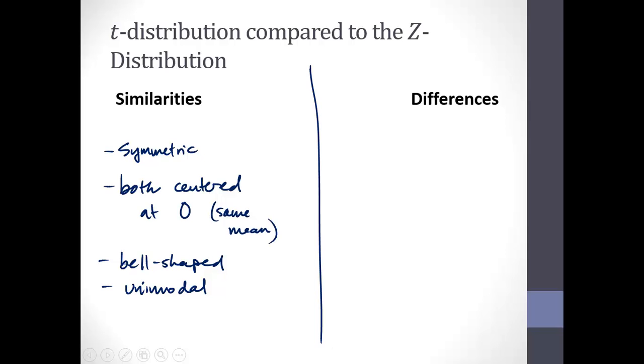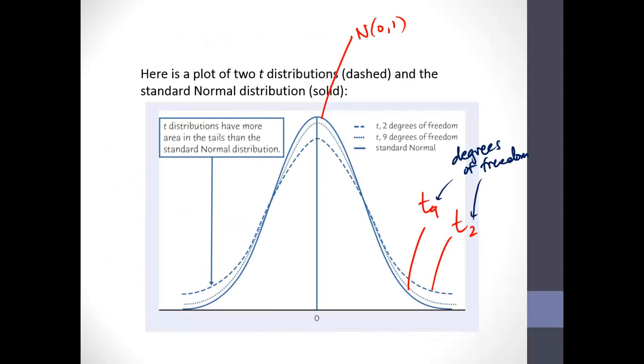So how are they different? Again, looking at this picture, how are these things different? Yeah. As that box so nicely points out, there's more area in the tail. Exactly right. So if you're paying attention, then you can pick this information up from the slide, right?